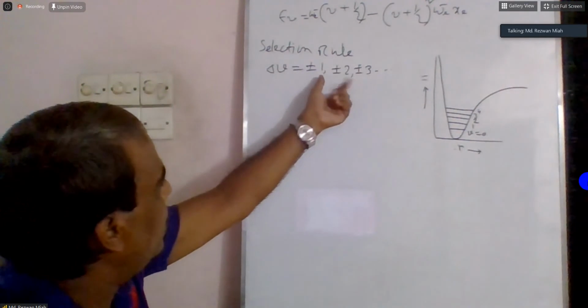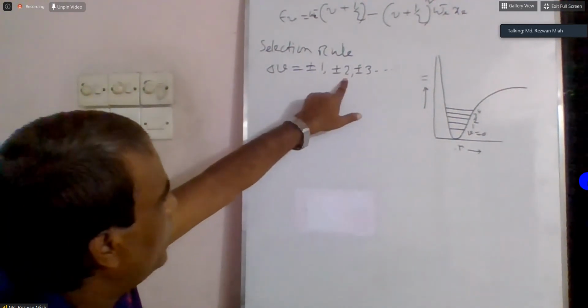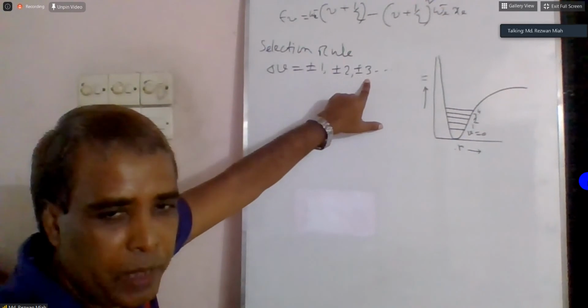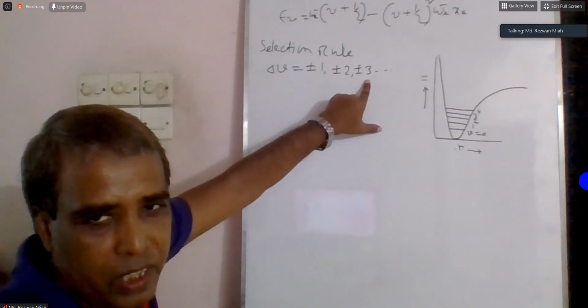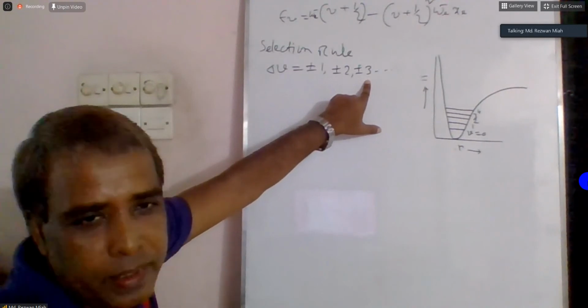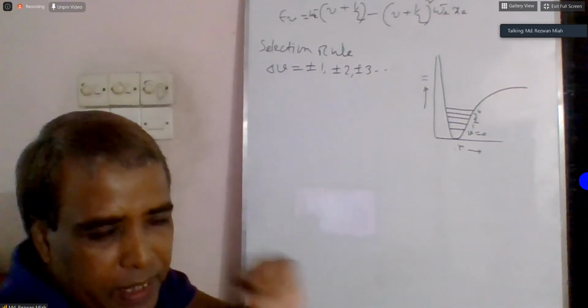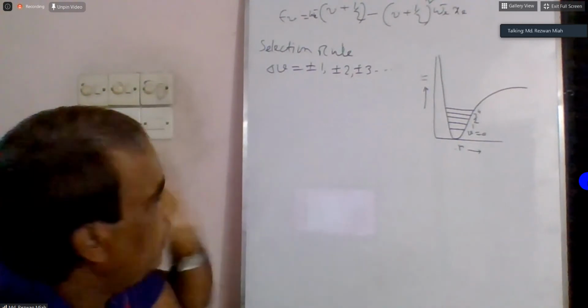So basically, we can consider these three values: plus minus 1, plus minus 2, and plus minus 3. The higher values, plus minus 4, plus minus 5, are not under consideration because the spectrum becomes very, very low in intensity due to the low probability of those transitions.